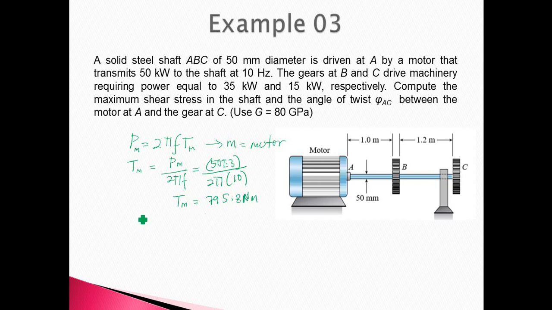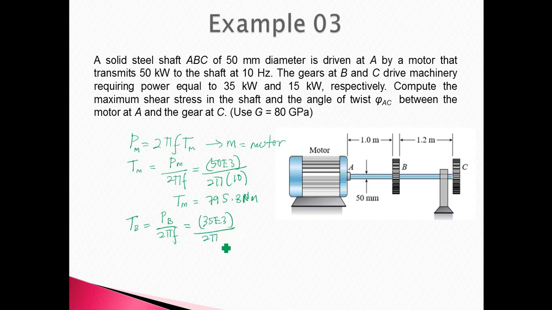Okay, so similarly for gear B, TB is equal to PB over 2 pi f. Okay, so that is the torque acting at gear B. So PB is equal to 35 exponent 3 and then divided by 2 pi f.